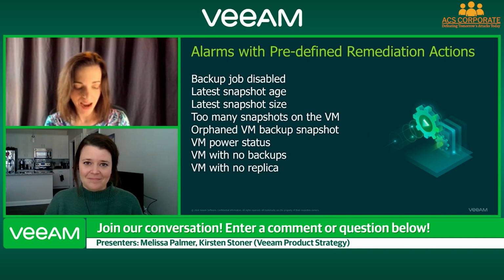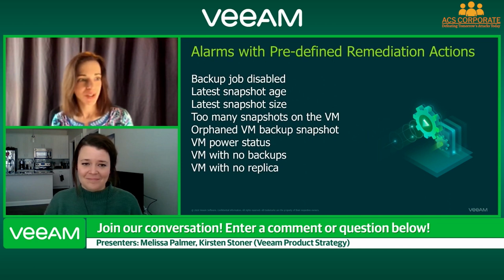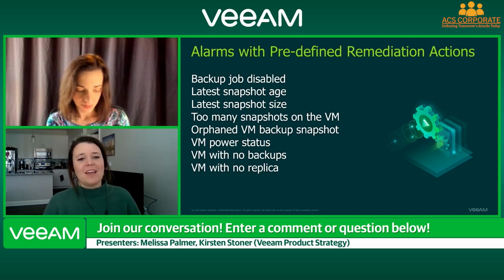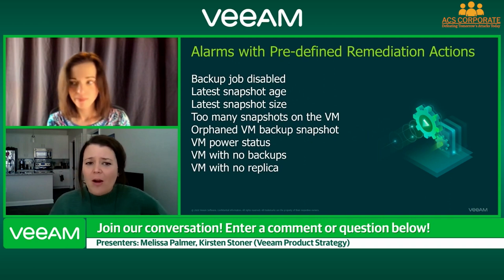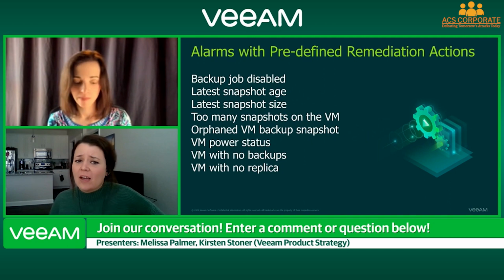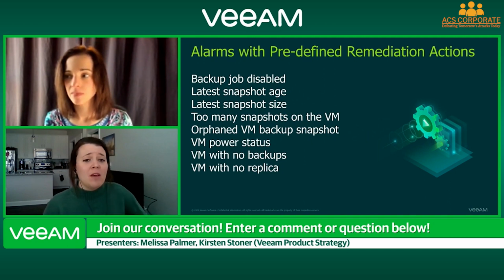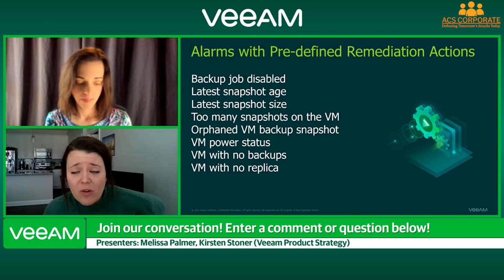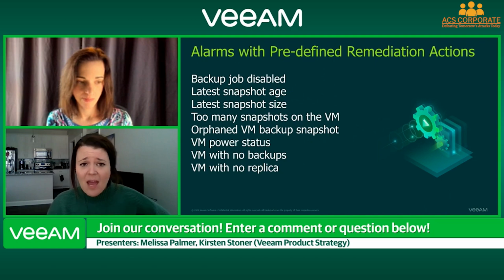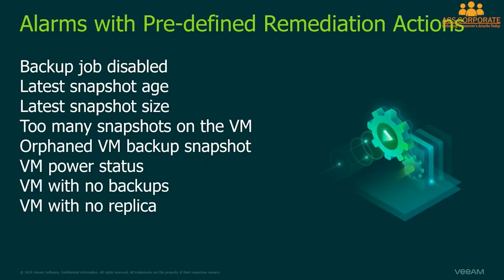Kirsten, do you have a favorite when it comes to alarms with predefined remediation actions? I definitely would say the VM with no backups, because sometimes you're not hitting your RPOs. And if that virtual machine isn't being backed up and you need it to be backed up, you can automatically schedule a backup job, run a quick Veeam zip, and have that protection for that virtual machine instantaneously within Veeam One.